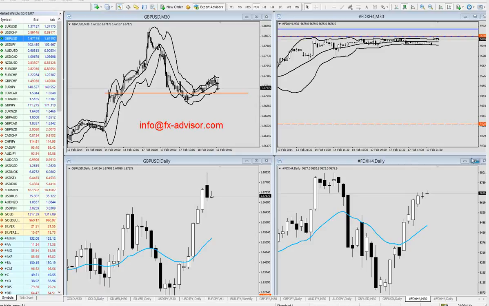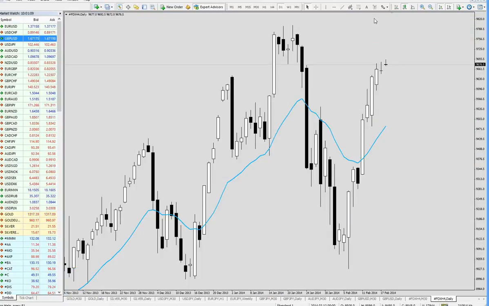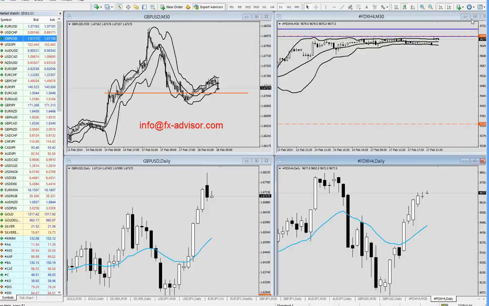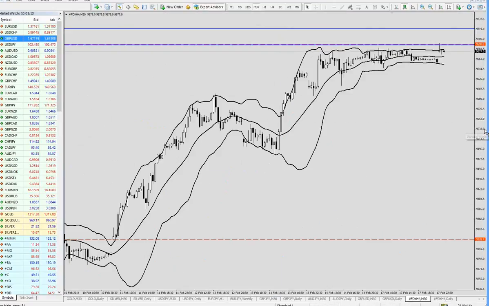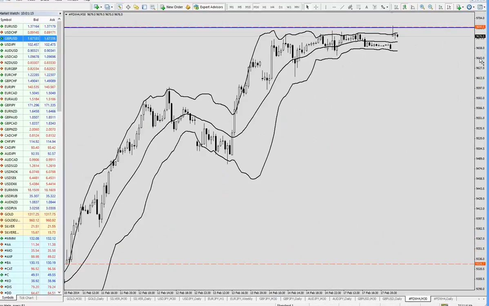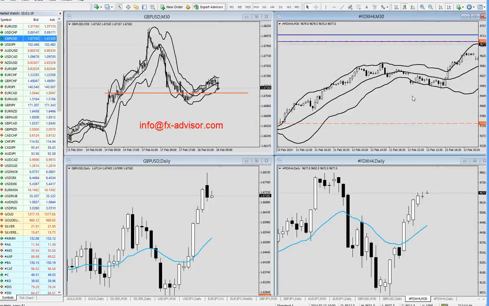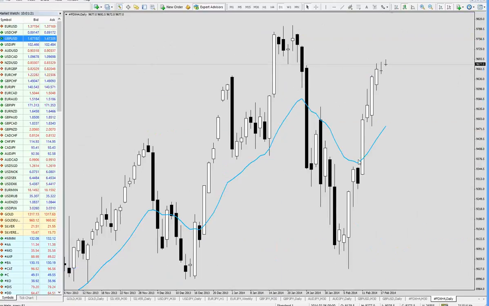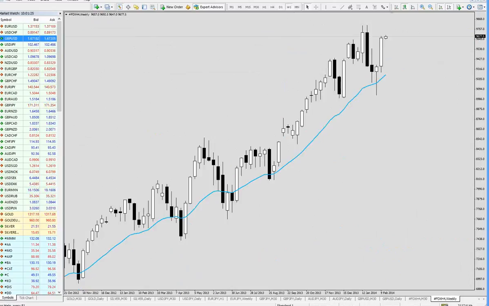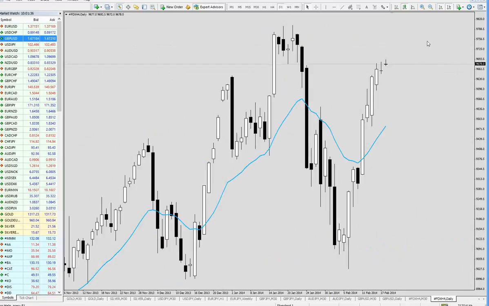Yesterday we talked about the DAX. Let's take a look at the daily and weekly, both above the 20 moving average, here on weekly and here on daily.